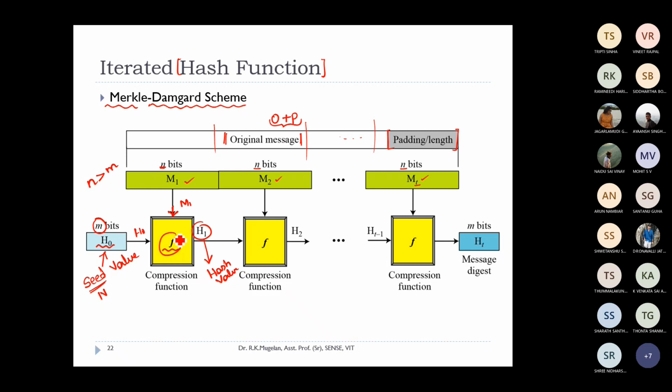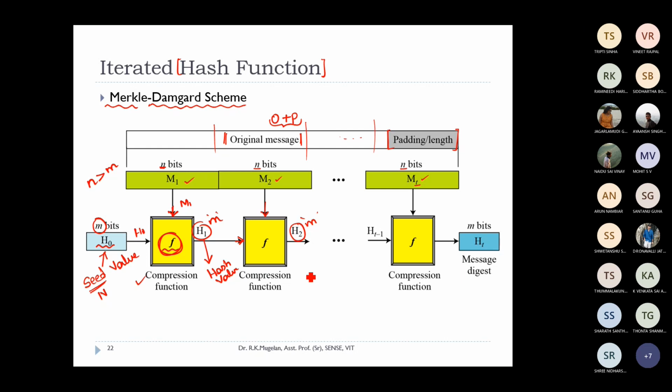This function for the particular iteration is called the compression function, and you can see this H1 is now given as input for my second iteration. M2 is given as input, and again I get an output, H2. All these H1, H2 will be made up of m number of bits.